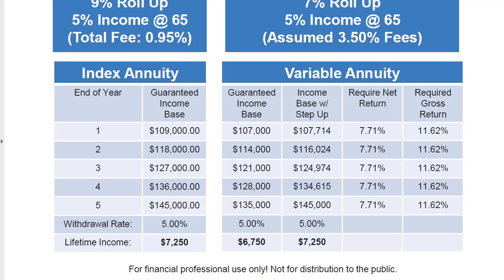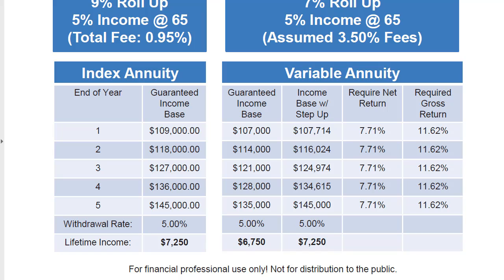In this case, if the variable annuity we're comparing to credits the step up after our fees have been assessed, then our variable annuity needs to perform at 11.62% per year in order to allow us to get step ups equal to the guarantee that's already provided inside of the indexed annuity.